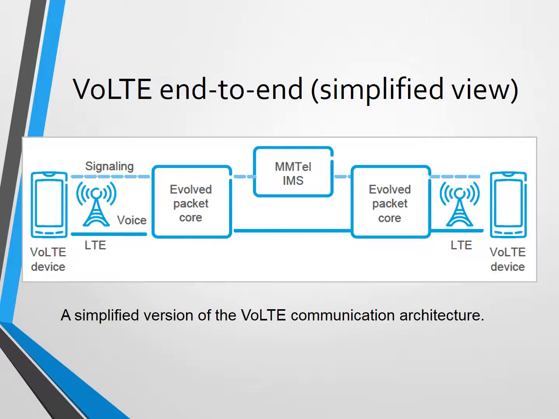Then we have a packet core at the other end, and in the same way an E-UTRAN and the terminating VoLTE device. A simplified version is just elaborated here.